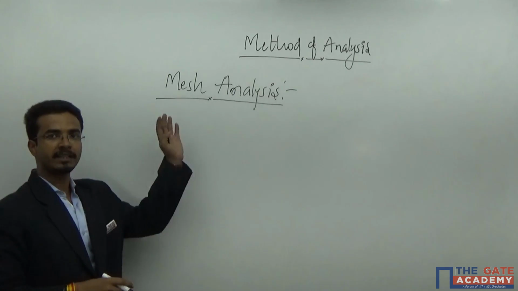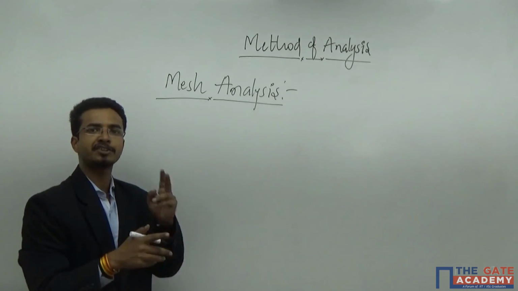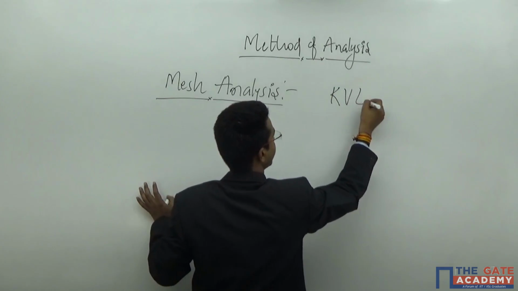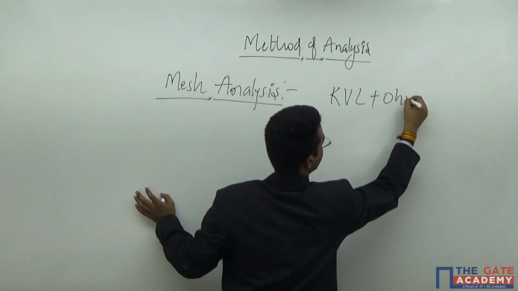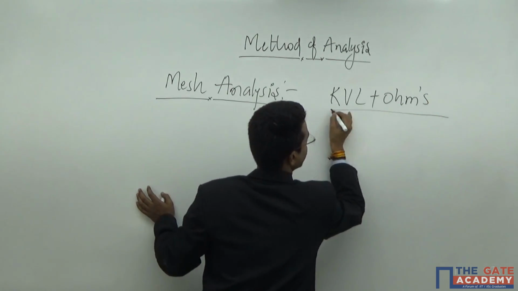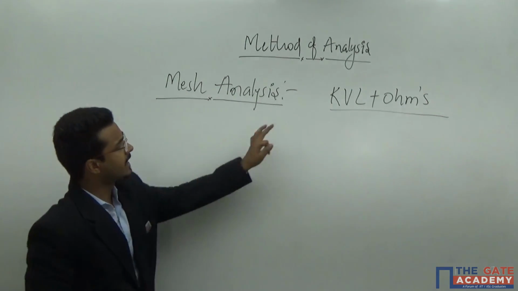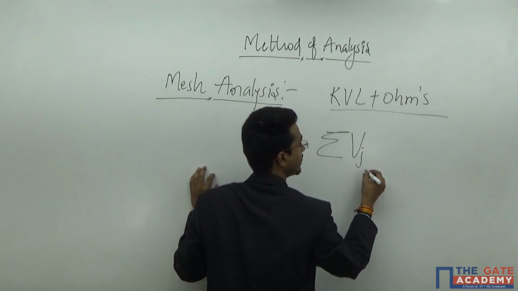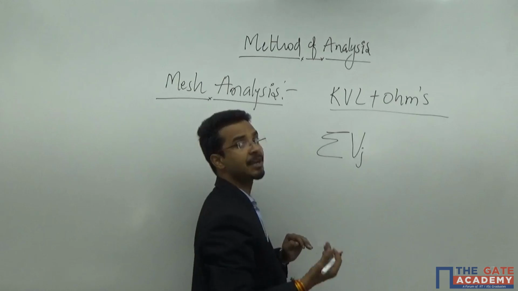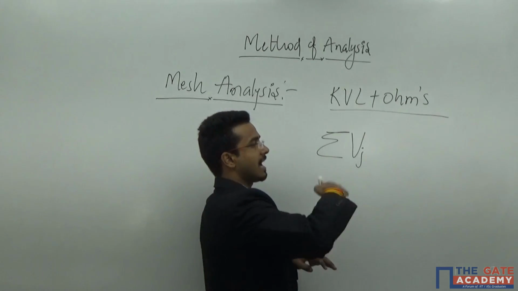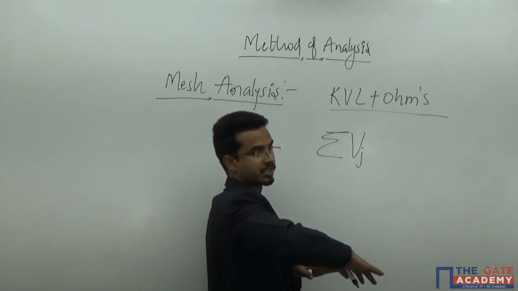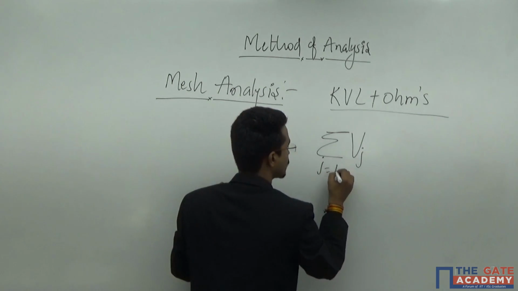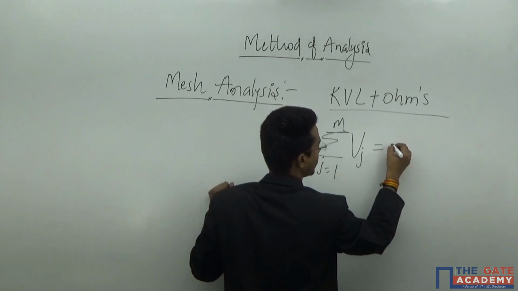Basically, this mesh analysis is a combination of 2 laws together. The first law is KVL and the second law is Ohm's law. KVL is the summation of all the voltage drops. That means this summation will be algebraic: total hike and total reduction of the voltage in any particular closed path, where j equals 1 to m, must be 0.